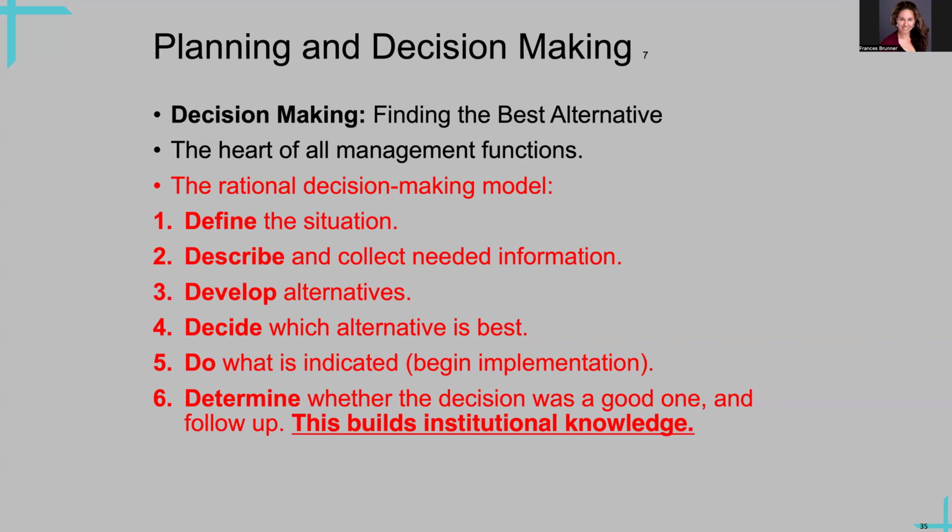So once you've defined the situation or the problem, you need to collect whatever information you have on hand that is readily available about that decision. You can collect that information from any of the individuals that are involved.